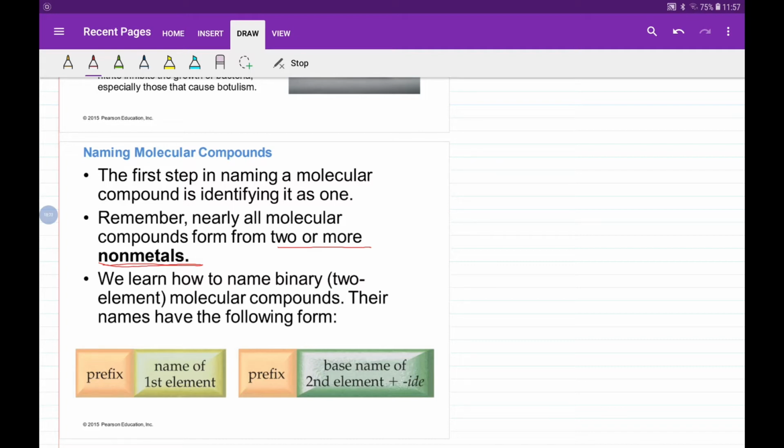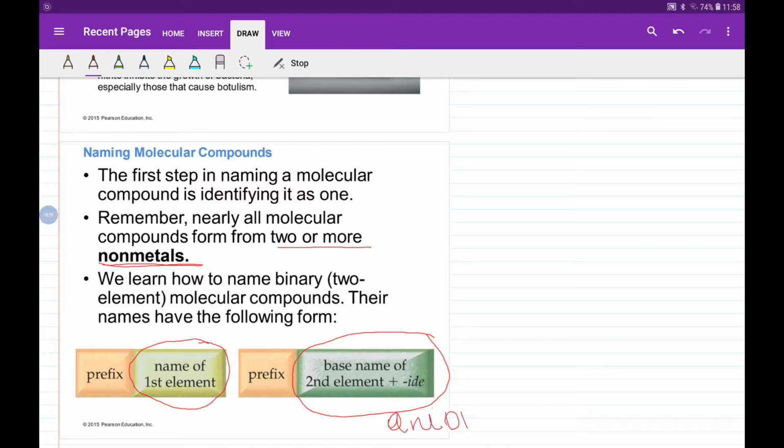Therefore, we need to indicate how many we have of each in the compound. So we're going to use a different convention to name molecular compounds. And the convention is as follows. We're going to name the first element and the second element, but instead of using the name of the element, we're going to use the name of the anion.